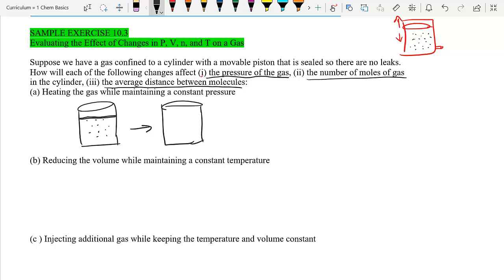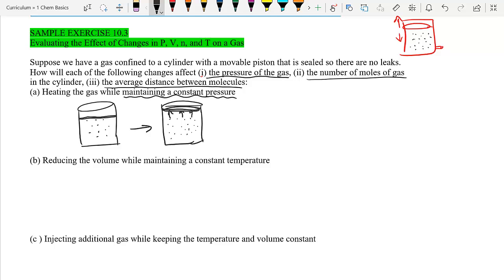They're going to collide with each other more often. But because we said we're maintaining a constant pressure, what will happen is those particles will strike that top plate and they'll cause that piston to shift upwards. So now the particles will be a little bit further apart as you break that down.